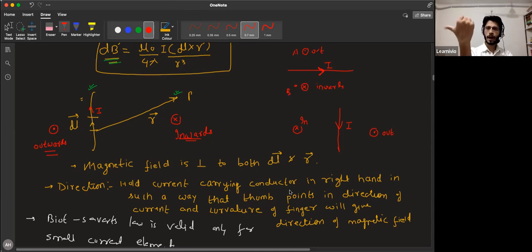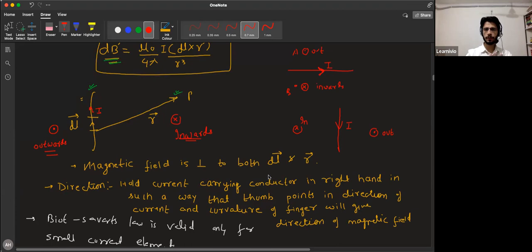So this is the thumb. I'm placing my thumb along the direction of current. The curvature of the fingers will give the direction of the magnetic field. So for a point above the wire, the fingers are coming outwards, and for a point below the wire, the fingers are going inwards.